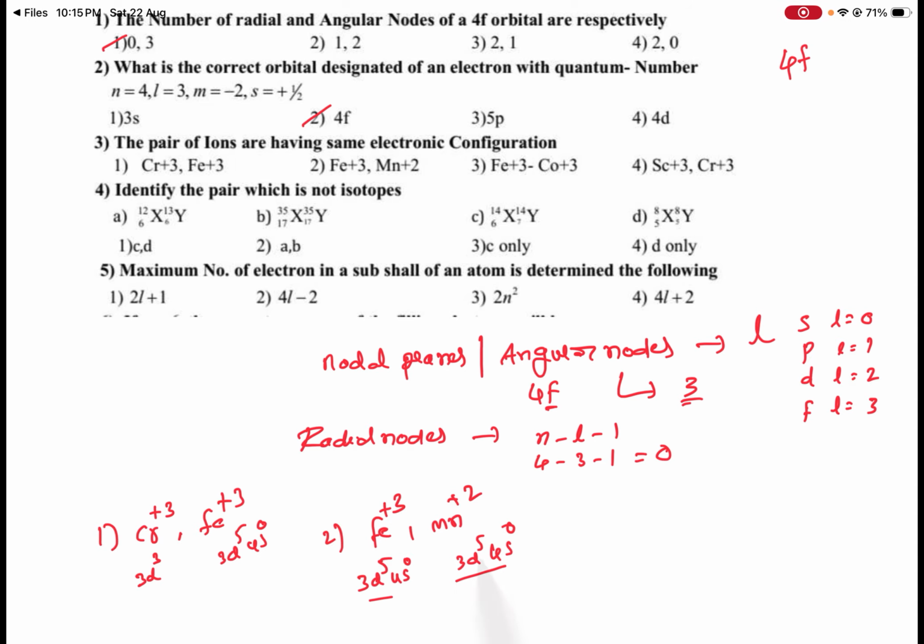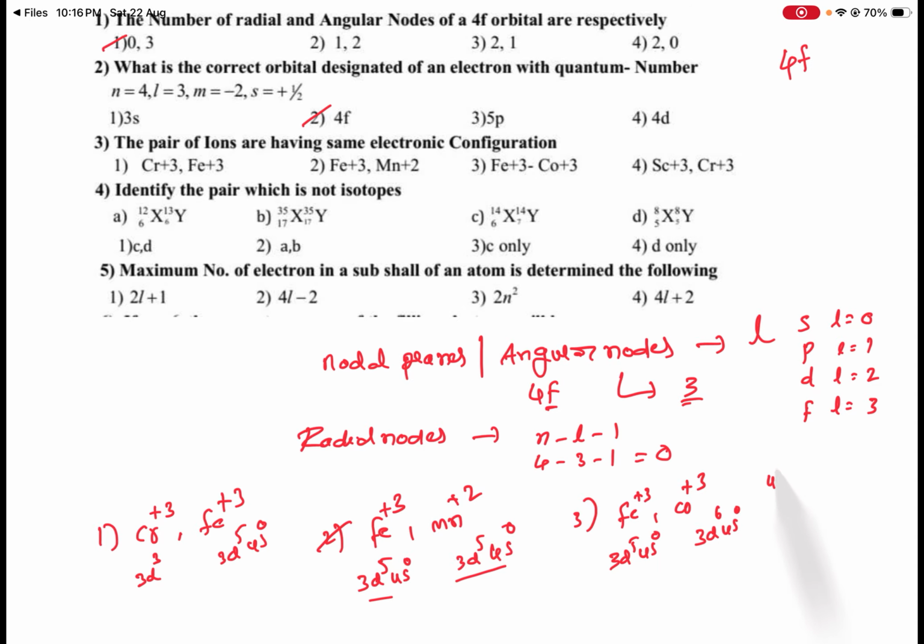So these have the same electronic configuration. Next, third option: Fe plus 3, cobalt plus 3. Fe plus 3 means 3d5 4s0; cobalt 27, 3d7 4s2; plus 3 means 3d6 4s0.